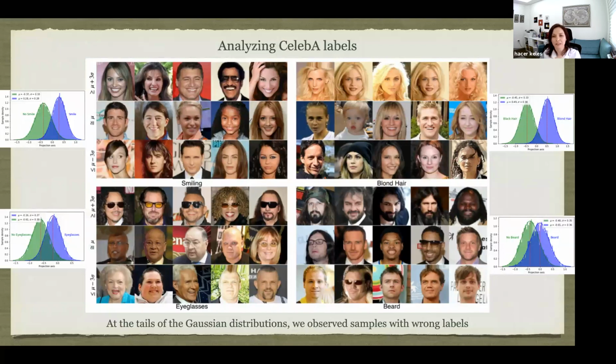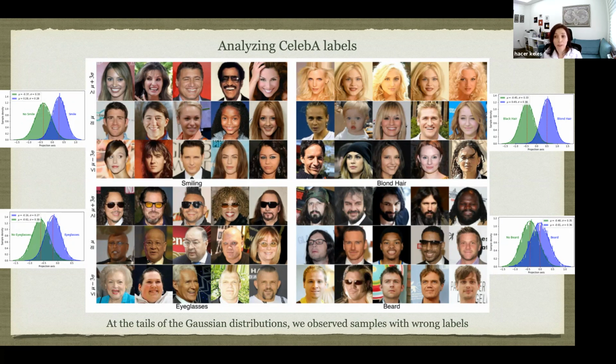As you can see, for example, in the smile attribute, they are smiling. The top row shows the images on the right tail of the Gaussian distributions. You can also see the Gaussian distributions on the sides of those images. And the bottom row displays the images from the left tail of the blue Gaussian distribution.